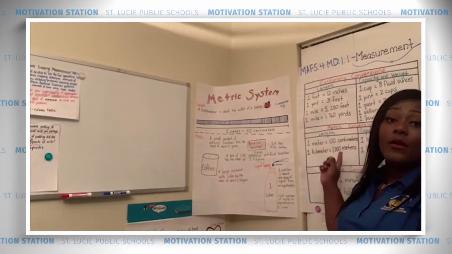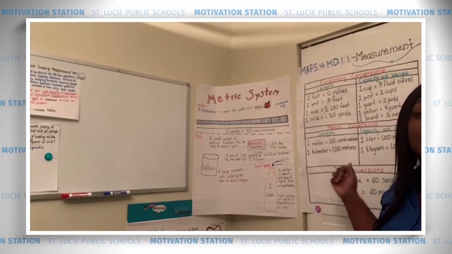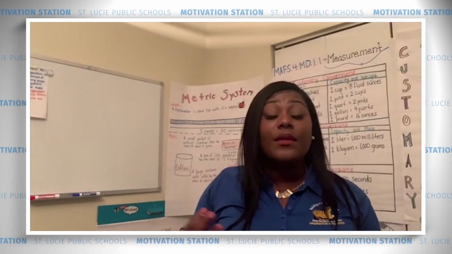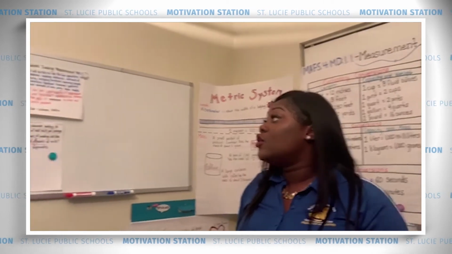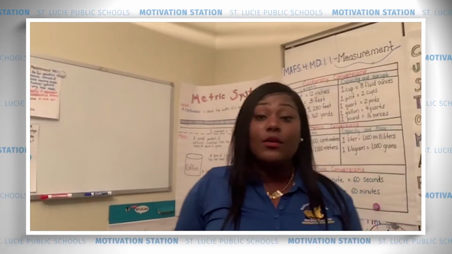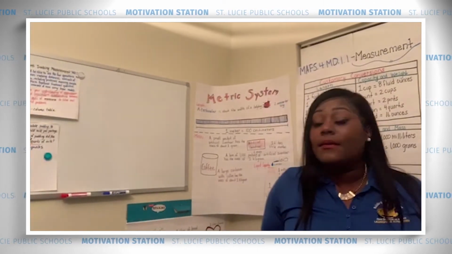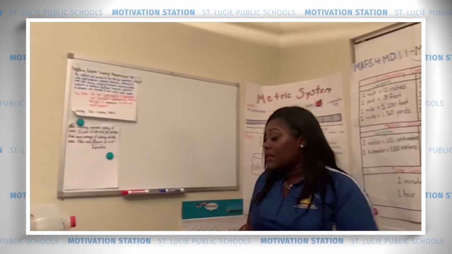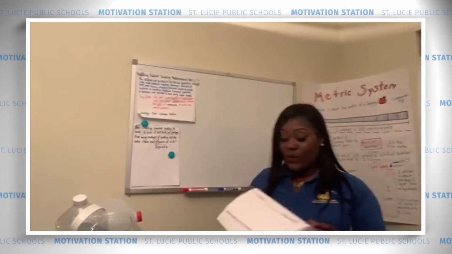You have to refer back to your reference sheet in order to understand the equivalent relationships between the units. So we're going to use our understanding of the measurement and the equivalent relationships between the units of measure to solve the problems.